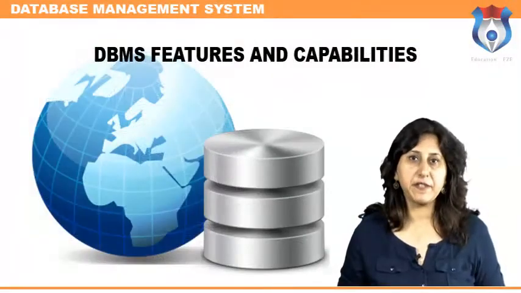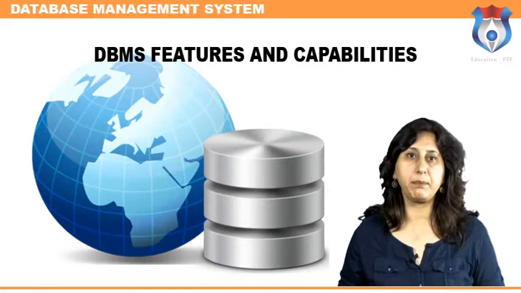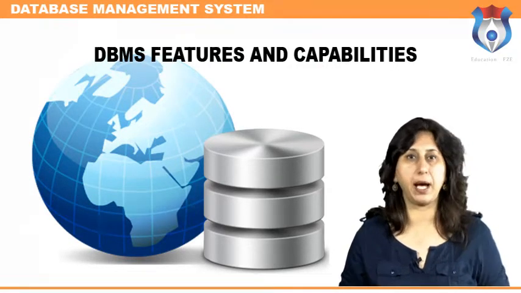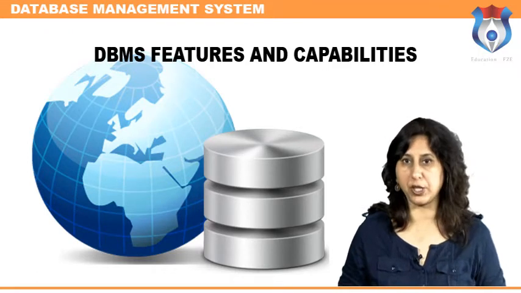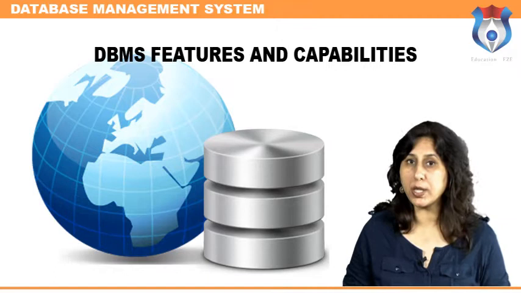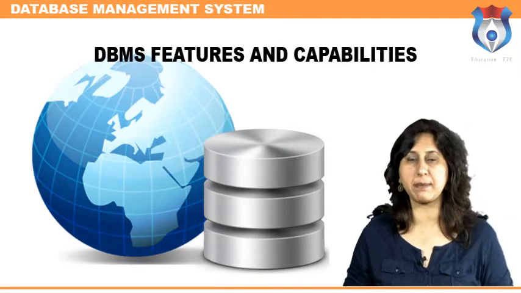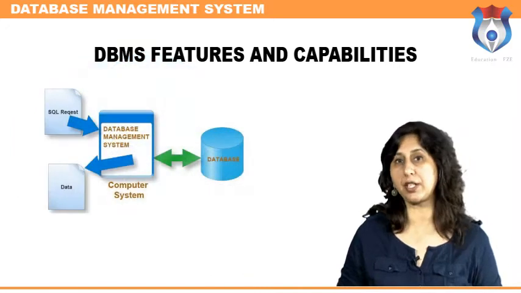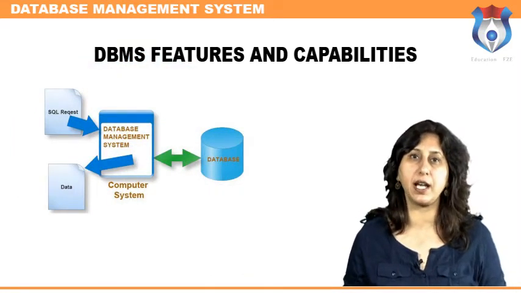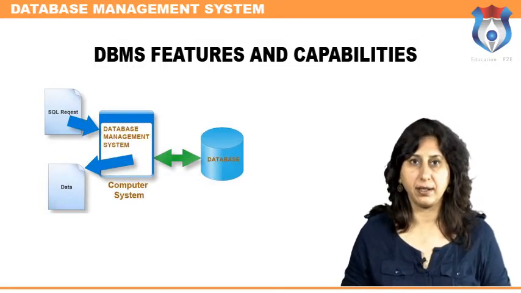DBMS features and capabilities. DBMS building blocks. A DBMS includes four main parts. Modeling language, to define the schema of each database hosted in the DBMS according to the DBMS database model. Data structure, optimized to deal with very large amounts of data stored on a permanent data storage device.